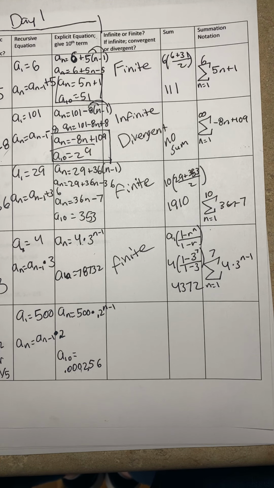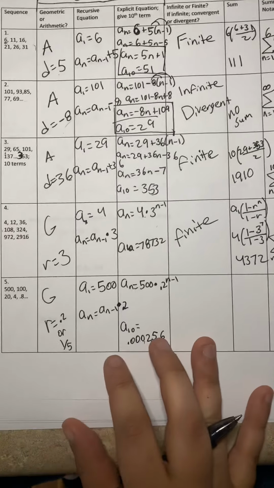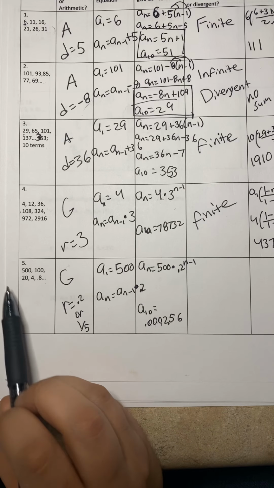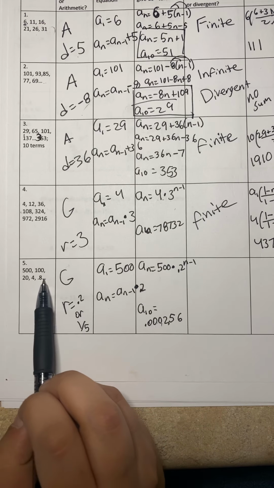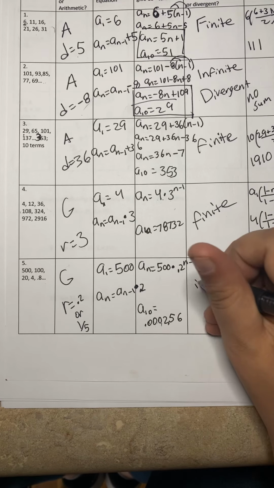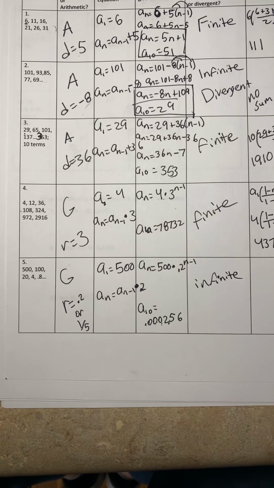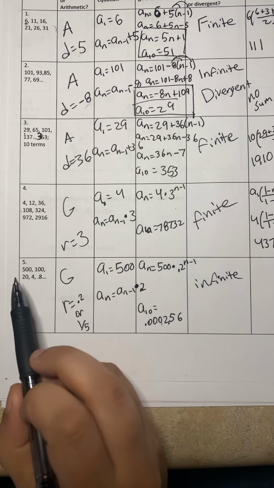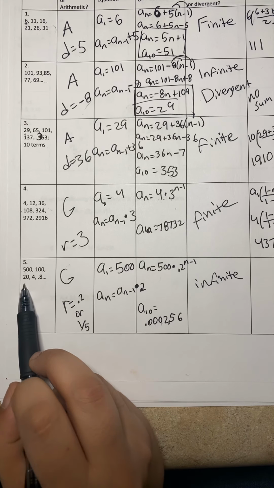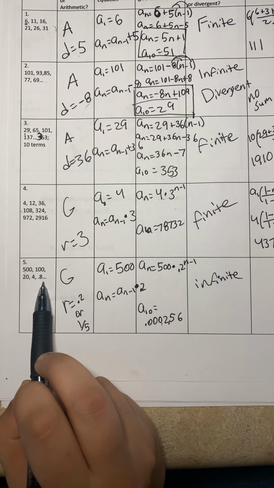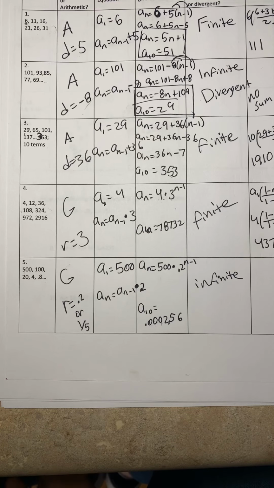All right, and then the last one on this page, number 5, we have to look and say, okay, is it infinite or finite? Well, we've got this dot, dot, dot at the end, which tells me that it is infinite. And then we have to say, okay, is it converging or diverging? Are my numbers getting smaller, converging, or are my numbers going to continue getting larger and larger, diverging? Well, it goes 500, 100, 20, 4.8, and then the next one would be an even smaller number.